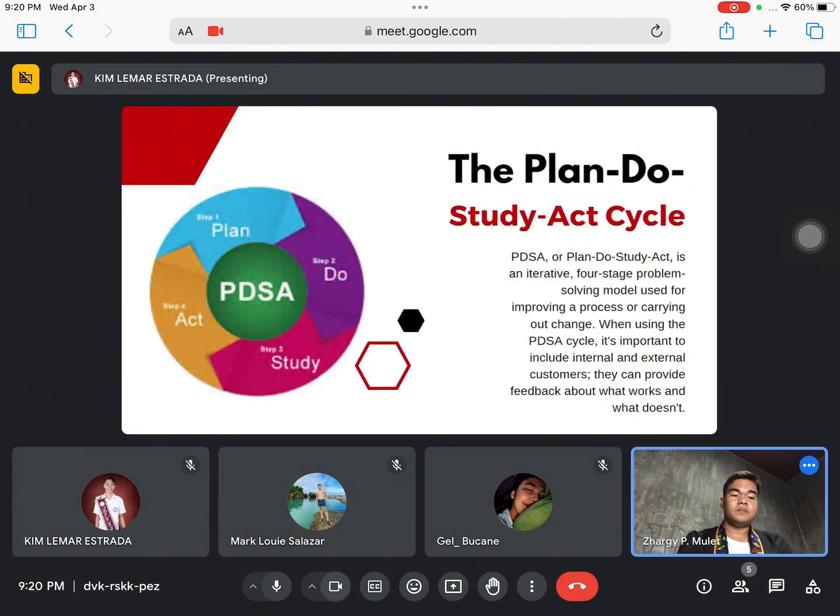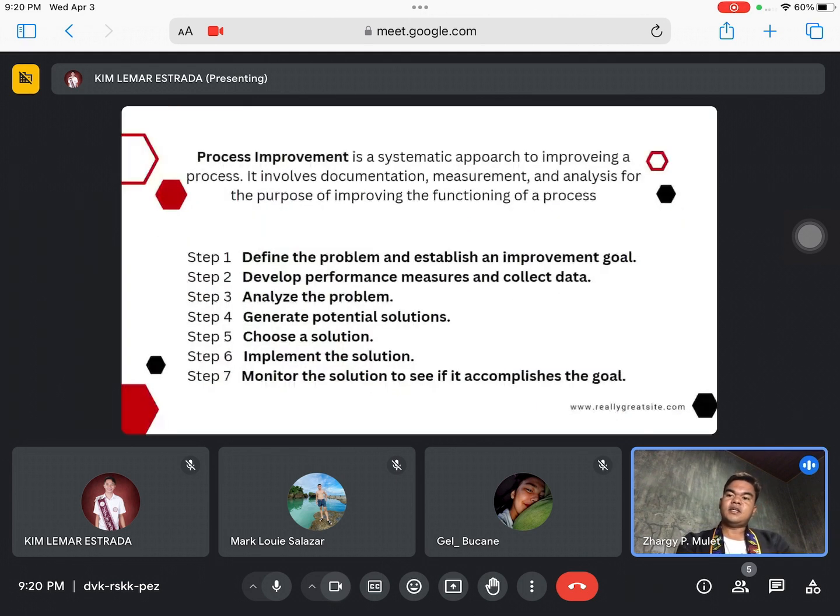When using the PDSA cycle, it's important to include the internal and external customers so they can provide feedback about what works and what doesn't. PDSA is very important if you have a business.